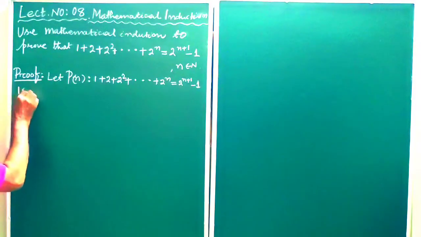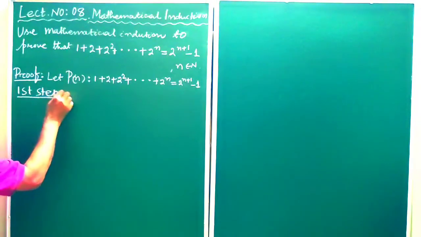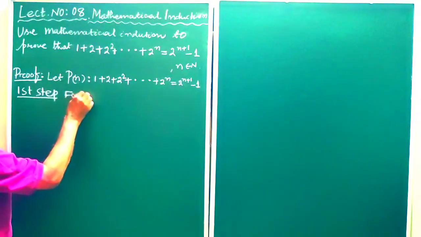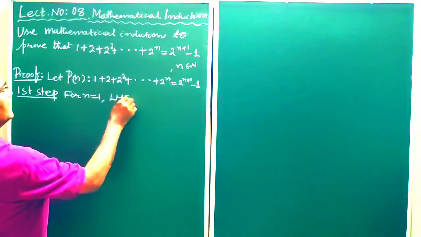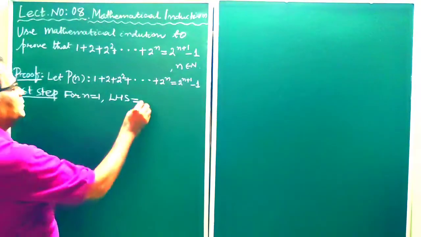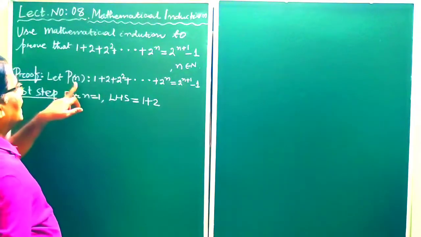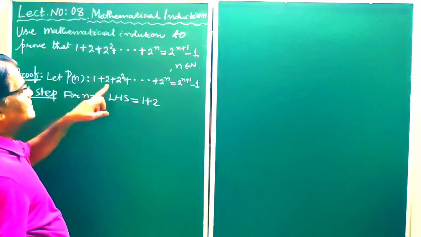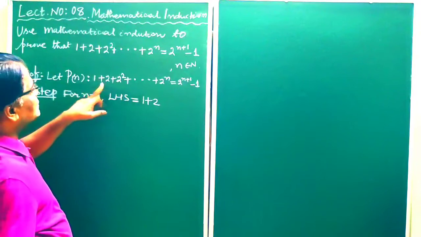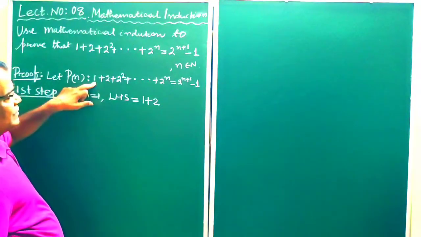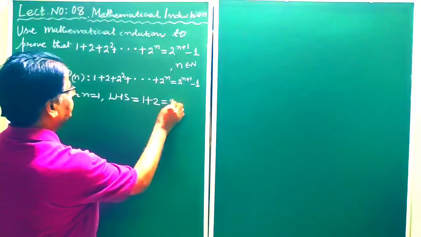Now, first step. For n = 1, left hand side, this is important. We have to take two terms, because we have taken P(n) ending with 2ⁿ, so there are n + 1 terms. This is 2⁰, this is 2¹, so it will be 3.